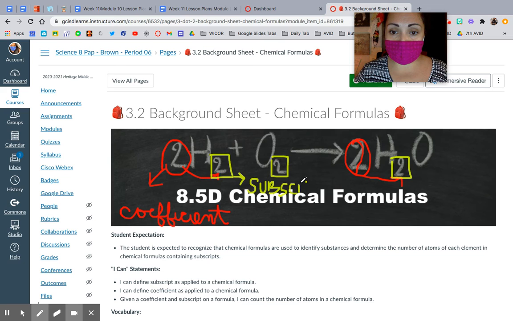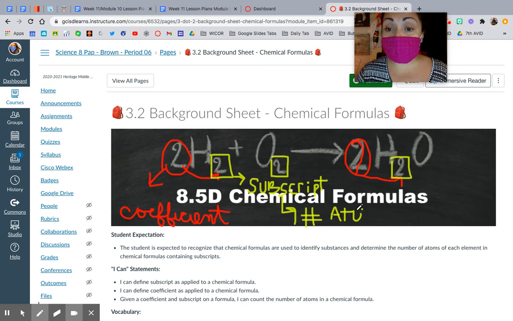So y'all should be writing this down, hopefully faster than me. So the subscript tells you the number of atoms, A-T-O-M-S. And remember, atoms are all the things we've been drawing for Unit 2.